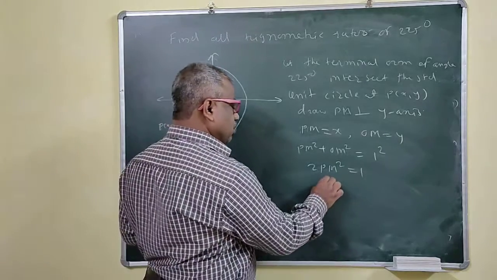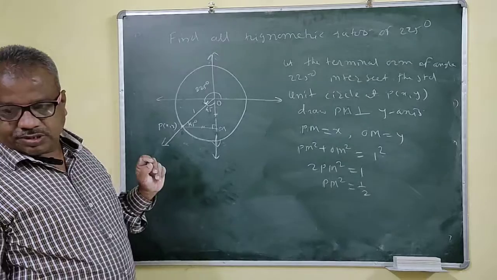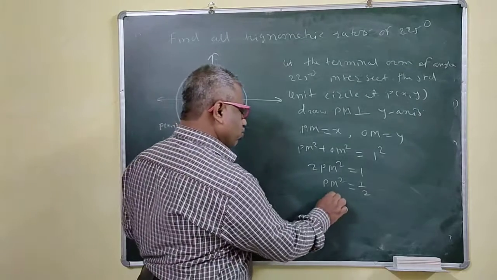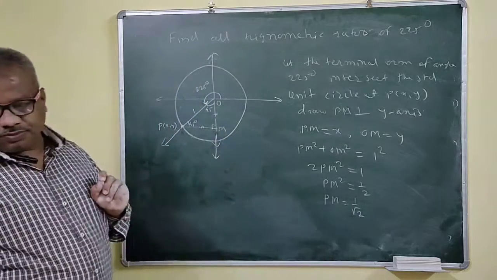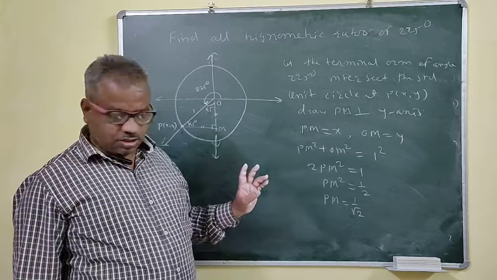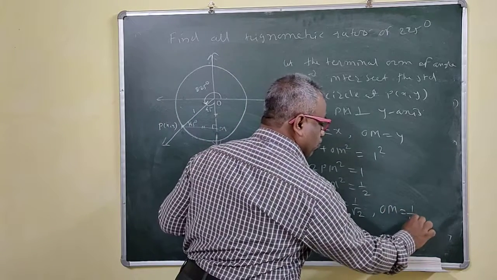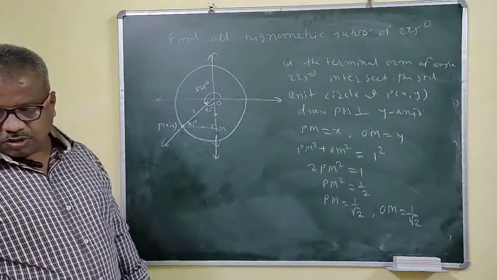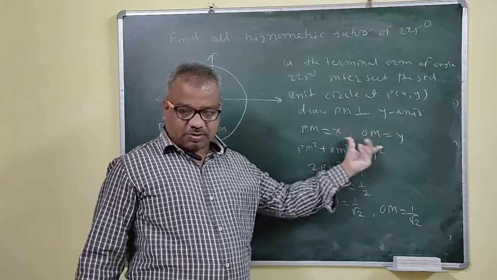So PM square is equal to 1/2. Right? So PM is equal to 1 by root 2. We will take the positive sign because it is distance. Now your PM is same as OM. So therefore OM is also 1 by root 2. Right? So this OM and PM are x and y here.